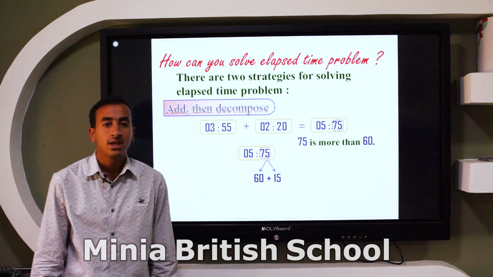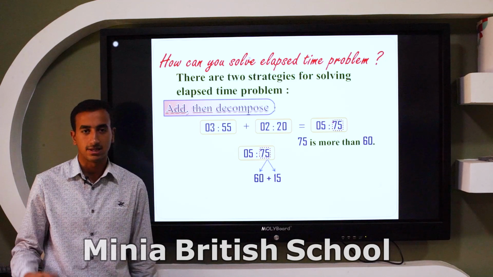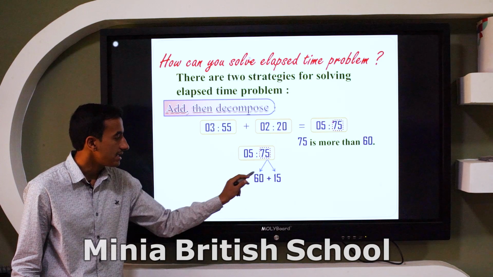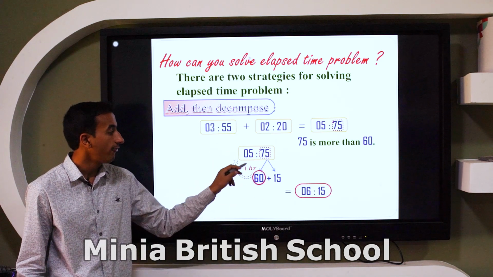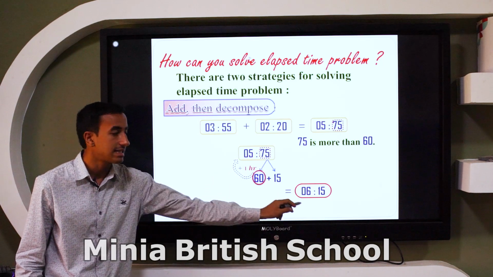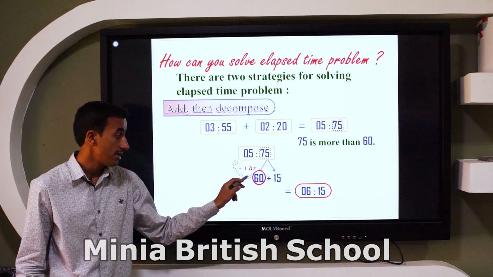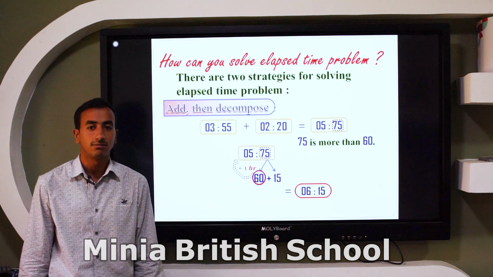We know that 75 equals 60 plus 15. So I can take 60 minutes and replace it with 1 hour. 5 hours plus 1 hour equals 6 hours and 15 minutes.